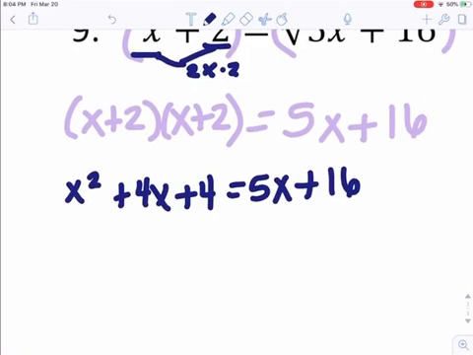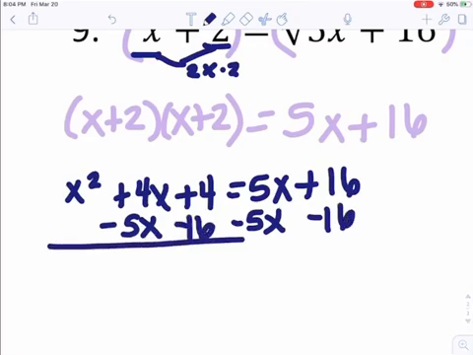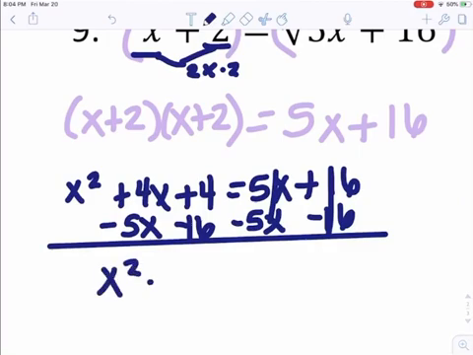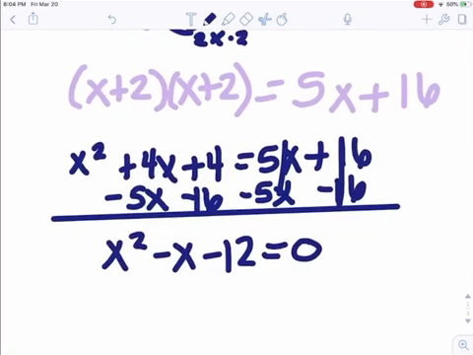And now guess how you have to solve this, right? I have an x squared right here that is not going to go away, so I have to solve by factoring. Remember, when you solve by factoring, you have to set everything equal to 0. So I'm going to bring over this 5x, and I got to bring over the 16. So these are going to go away. I get x squared minus x minus 12 equals 0.